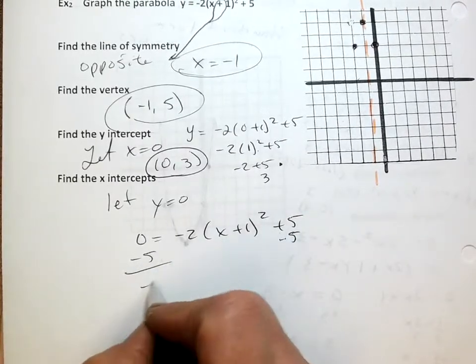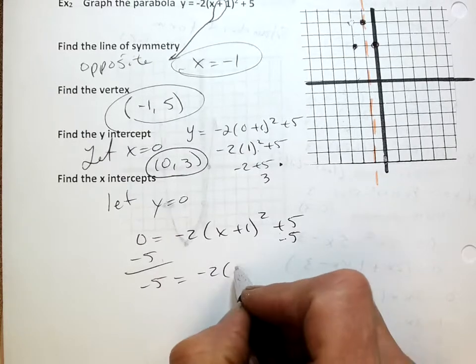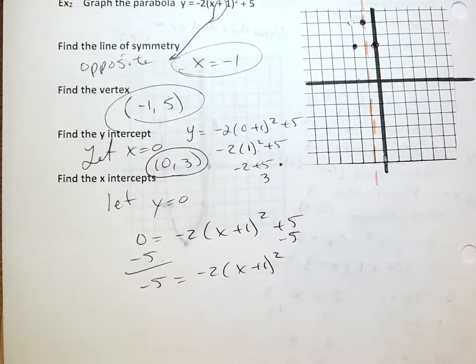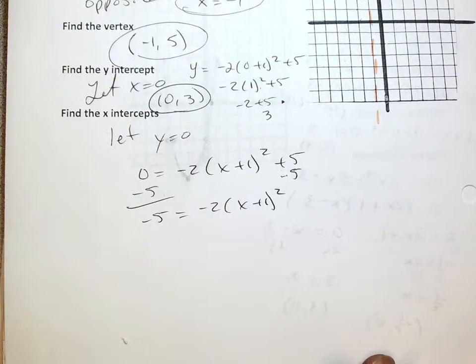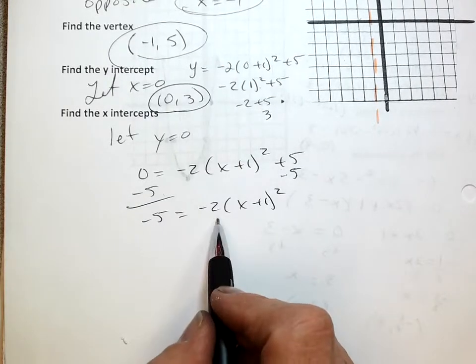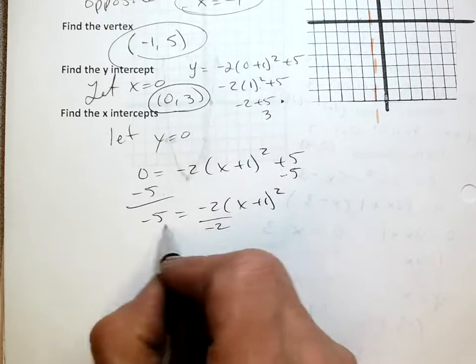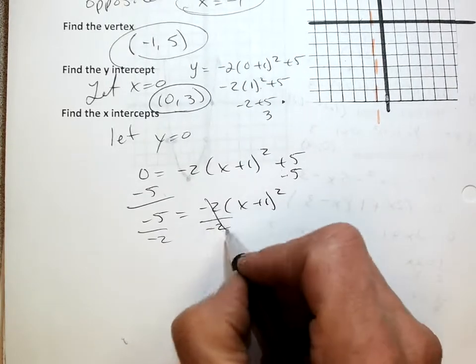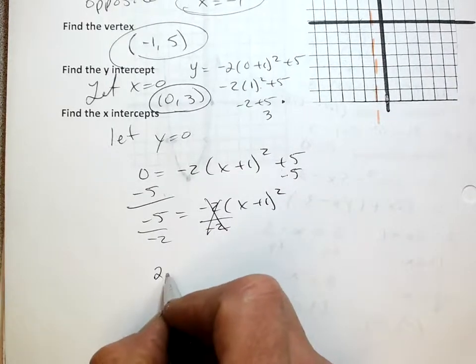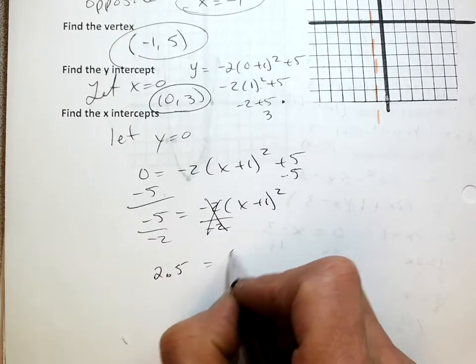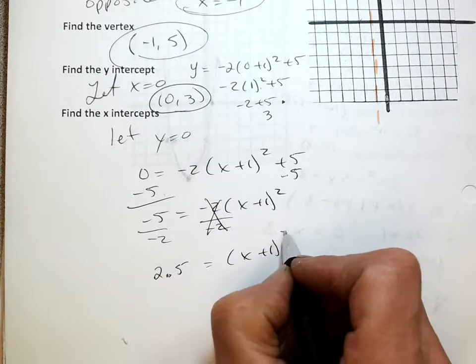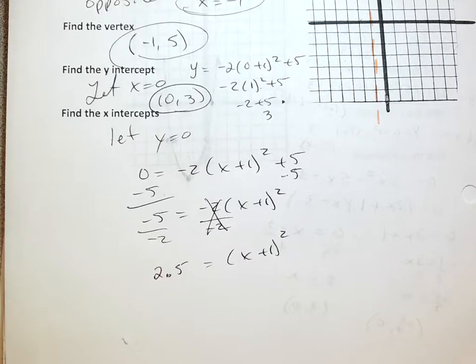So I'll have negative 5 equals negative 2 times x plus 1 quantity squared. Divide by negative 2, divide by negative 2. I'll have 2.5 equals x plus 1 squared. Square root, right?